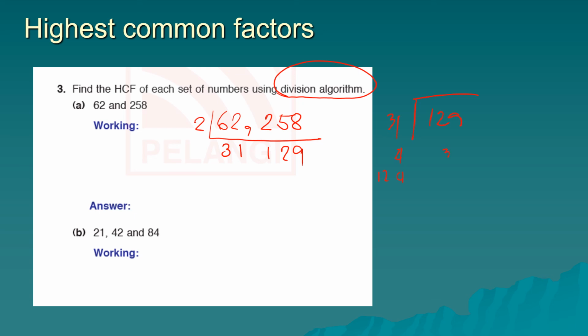But if you use 5, that would be 155. So no, we cannot divide 129 by 31. So our highest common factor is 2. And that's your answer. Now go ahead and try letter B.